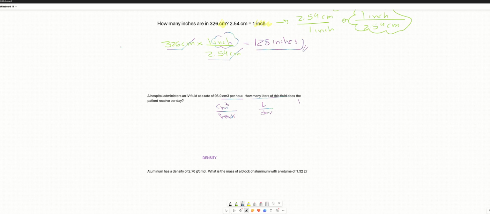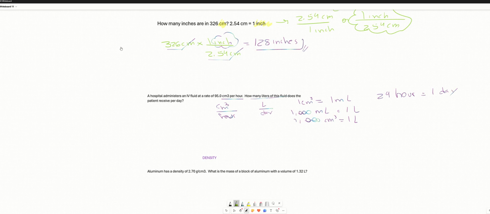I know that 1 cubic centimeter is equal to 1 milliliter. I know that 1000 milliliters is equal to 1 liter. So 1000 cubic centimeters is equal to 1 liter. And for time, I know that 24 hours is equal to 1 day, right?